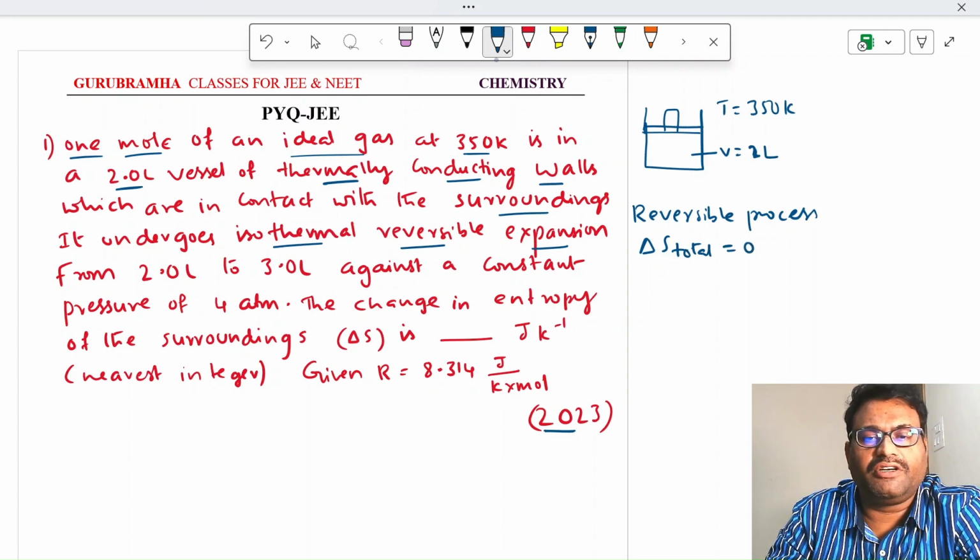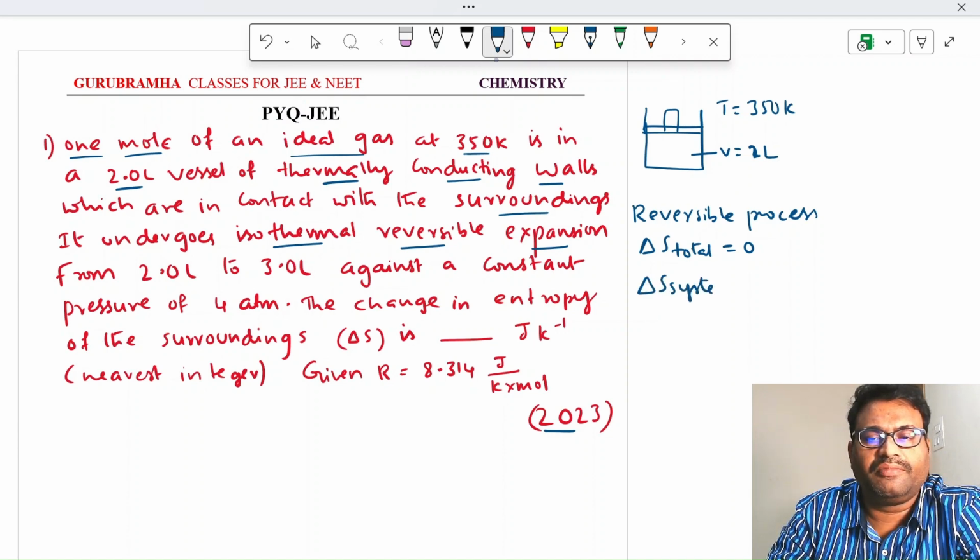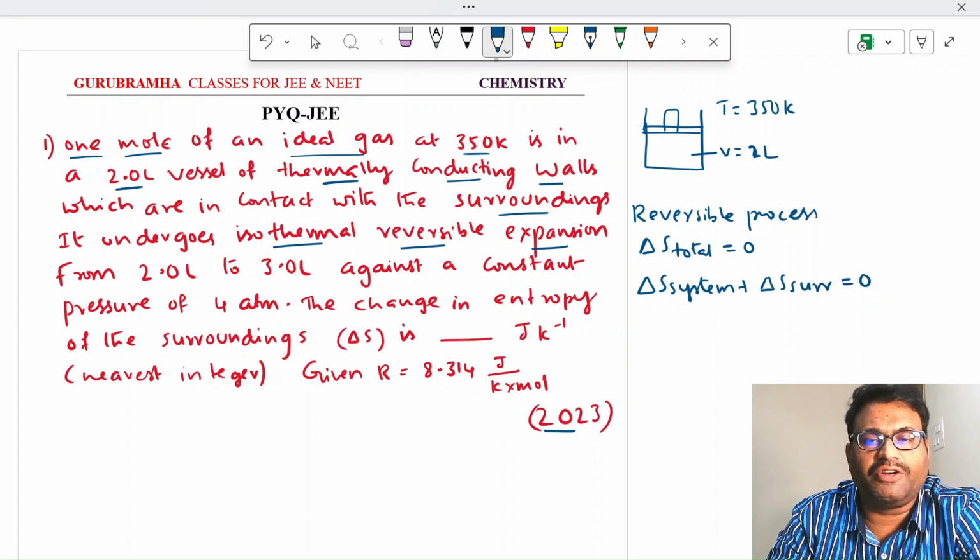Delta S total means the total change in entropy, which is the change in entropy of the system plus the change in entropy of the surroundings. So for a reversible process, delta S system plus delta S surrounding will be equal to 0.